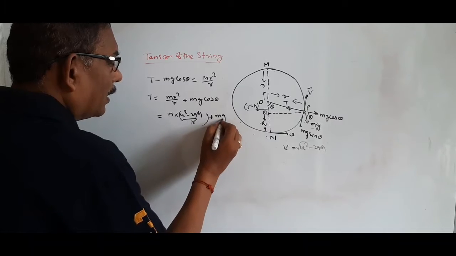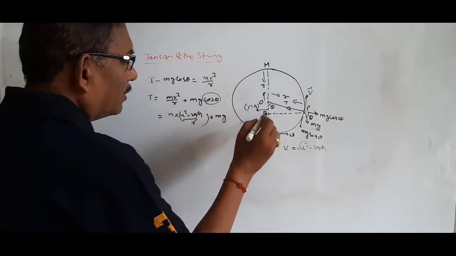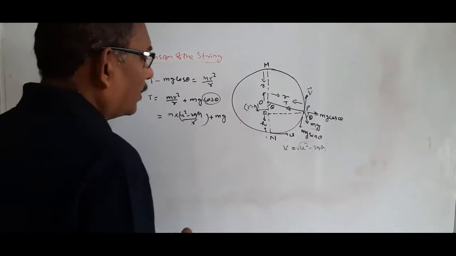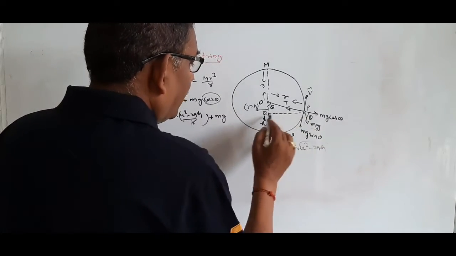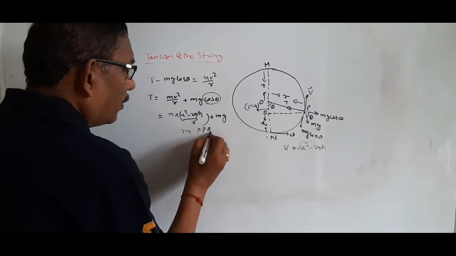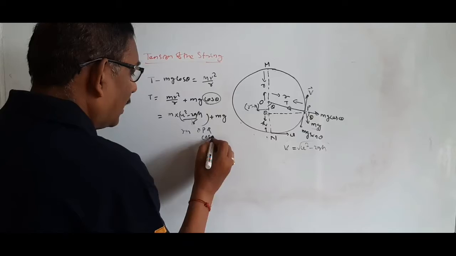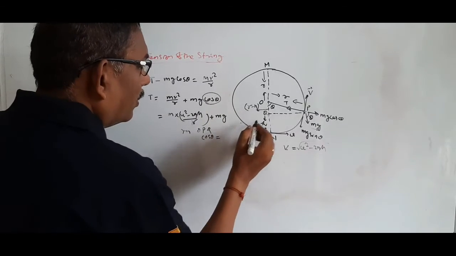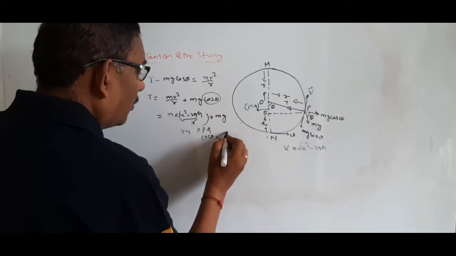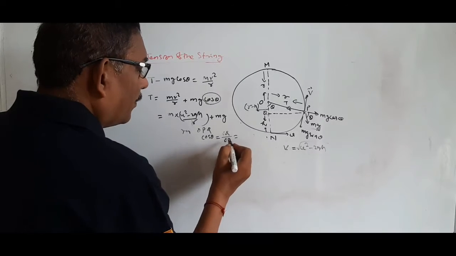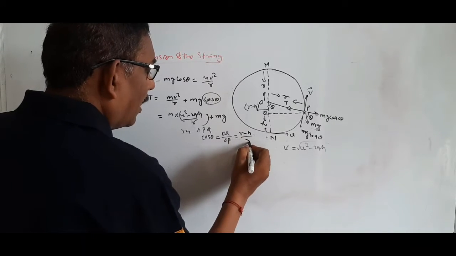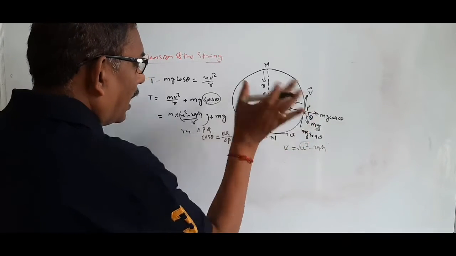Now the cos theta value comes from triangle OPQ. In triangle OPQ, cos theta equals OQ by OP, that is r minus h by r, since OP is r.